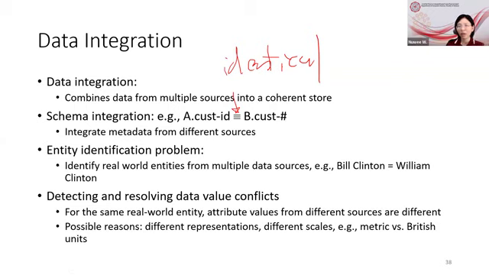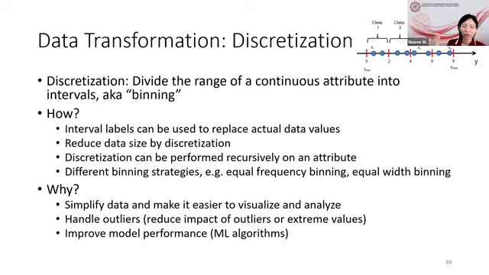Another thing that we'll talk about and then do in the lab is called data transformation. One technique that we use to transform data is called discretization, another name for which is binning.